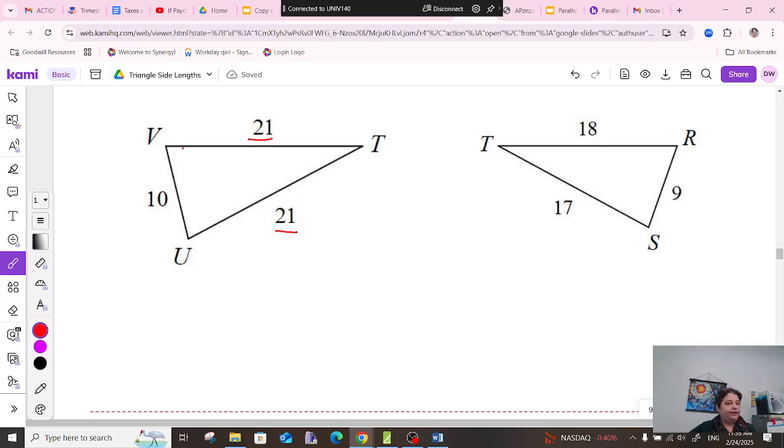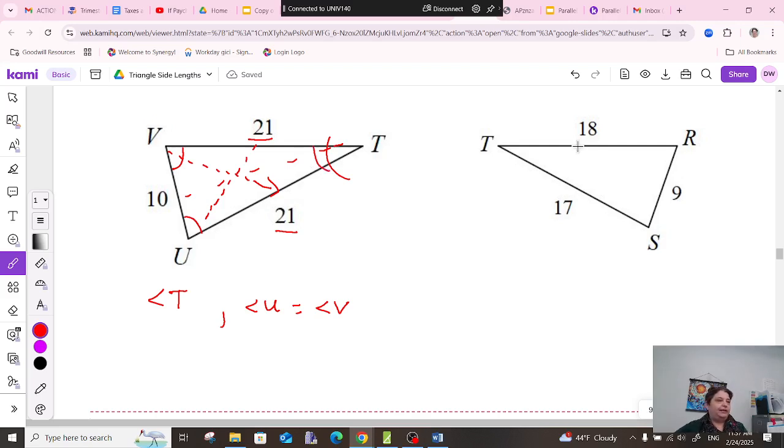So this angle and this angle have to have the exact same measure. Okay? Now, 10 is your smallest side. So the smallest angle is going to be angle T. But here, angle U is going to be equal to angle V because the opposite sides are the same.